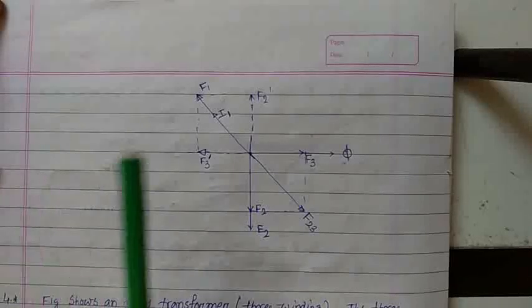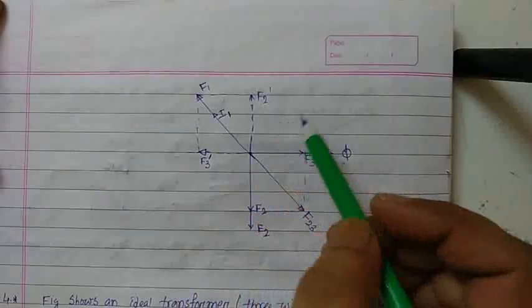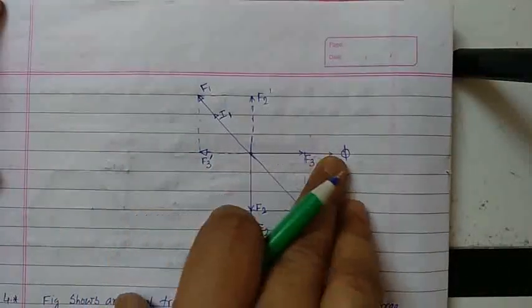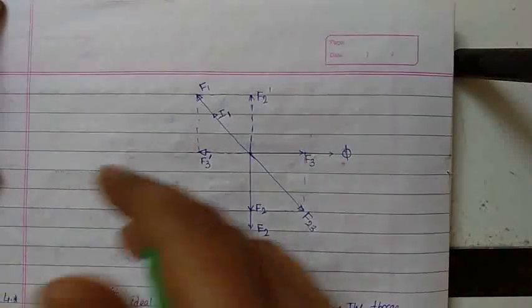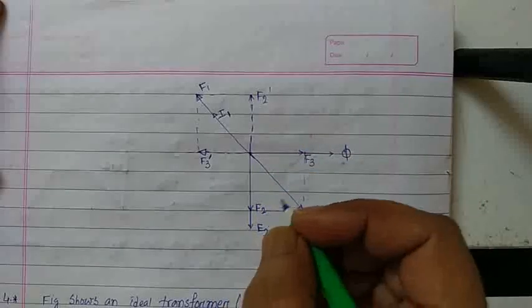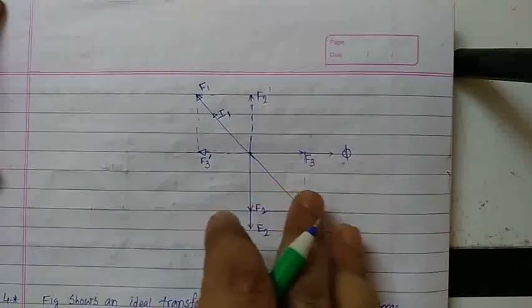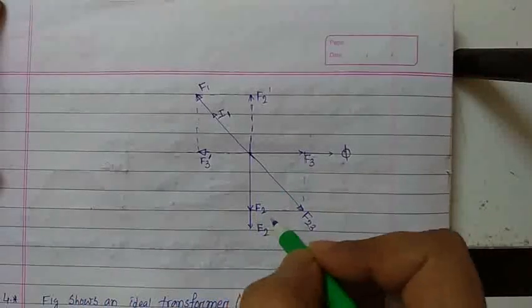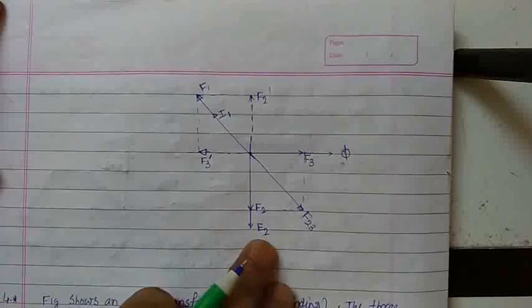Now first I draw the phasor diagram. Flux is the reference. As the secondary side load is a resistive load, F2 is in phase with E2.